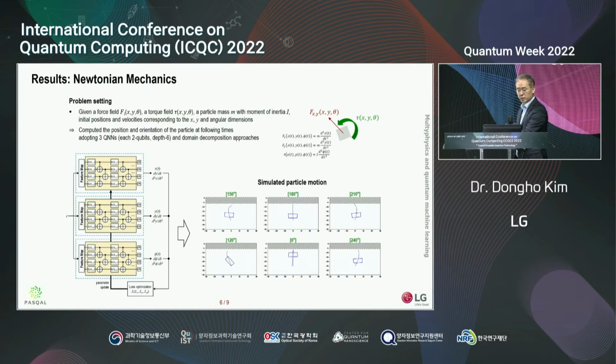If I summarize this page, we use 3 different QNNs for the two-dimensional Newtonian mechanics. Each QNN has 2 qubits and 6 steps. That's very simple, but powerful enough to solve the differential equation.